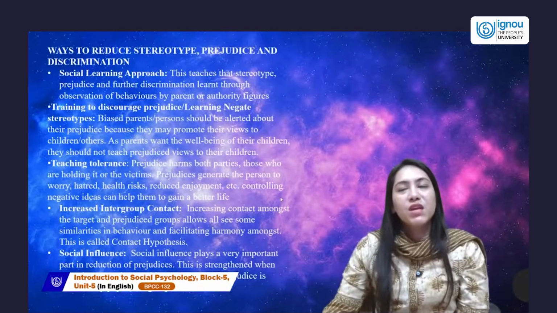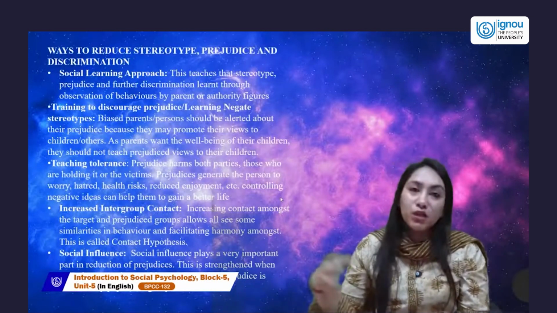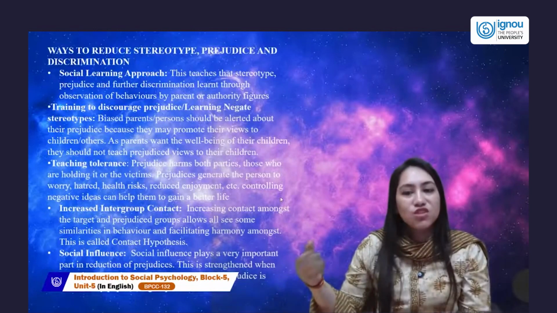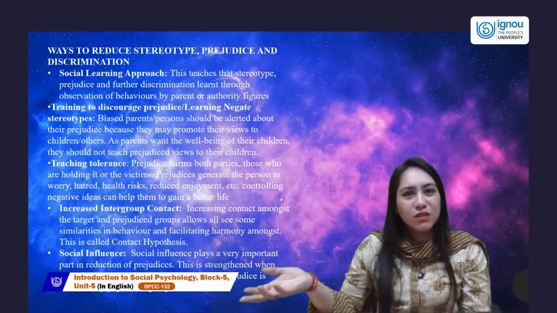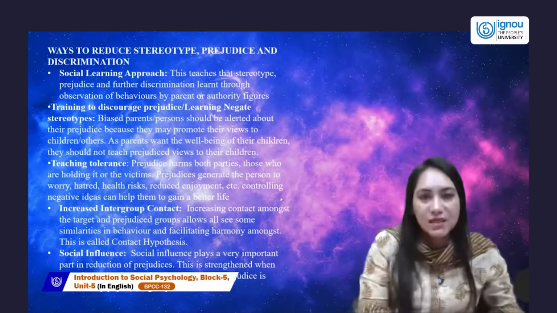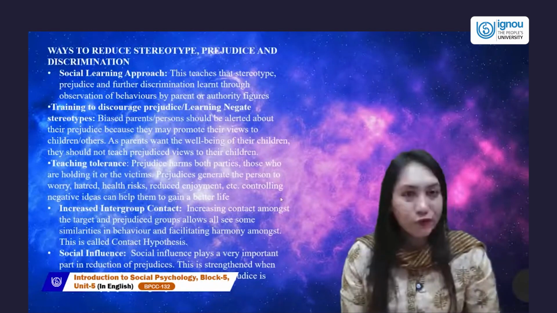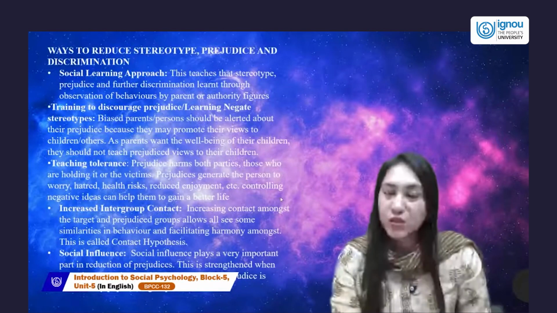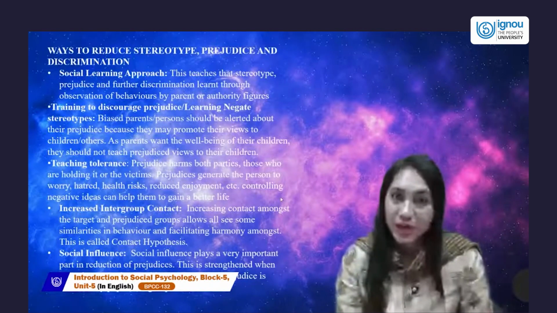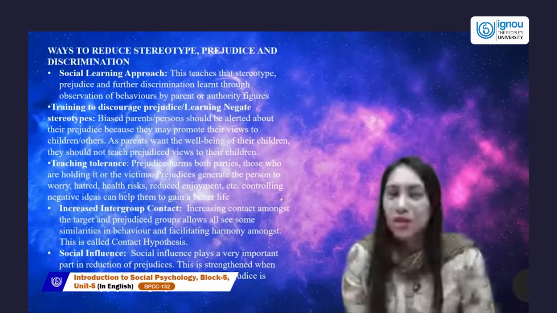So, simple way: if a target group has something which you feel is negative, but a popular group comes into play, one which is very well known and very respected in society, and that popular group embraces or addresses the difficulty or the stereotype or prejudice that you formed about the target group, once it is embraced and accepted by a popular group, what will happen? That social influence may help us think about a stereotype and change it.